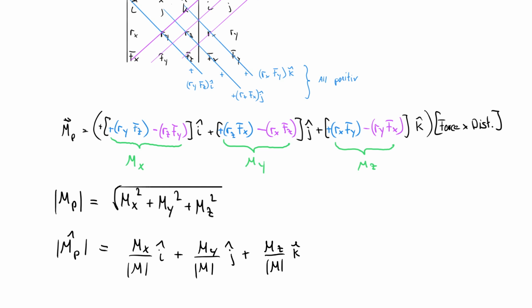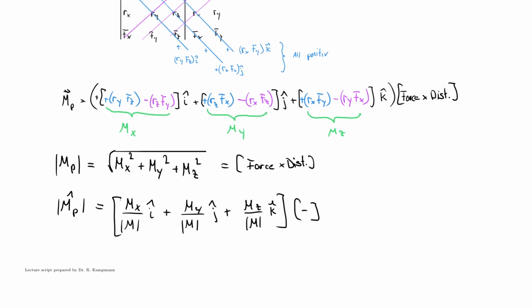And let's talk about the units here real quick. Of course, the unit vector is unitless by definition, whereas, of course, the magnitude here must be in force times distance. That is no different from anything that we have done before.